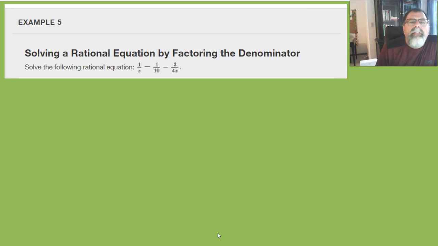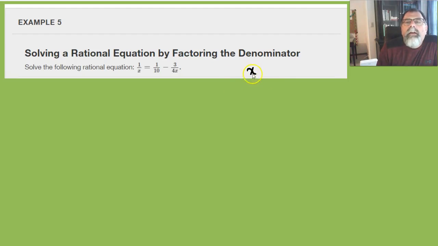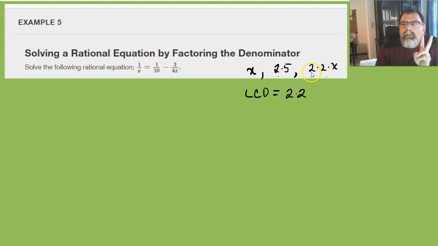Okay, let's look at example 5 here. So our LCD, we have x. We have 10, which is 2 times 5. And we have 4x, which is 2 times 2 times x. So our LCD, we'll do the numbers first. I have 1, 2, 2 2's. So the greatest number of 2's in any one of the factorizations is 2 2's, right?